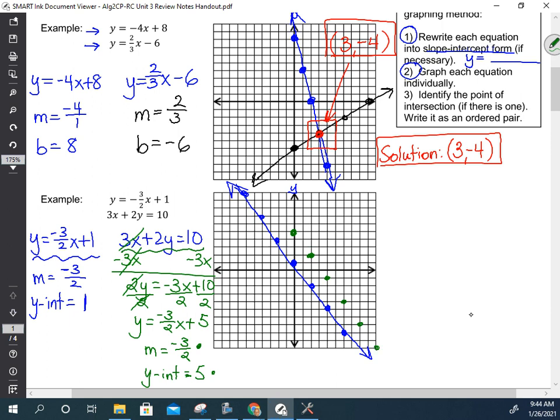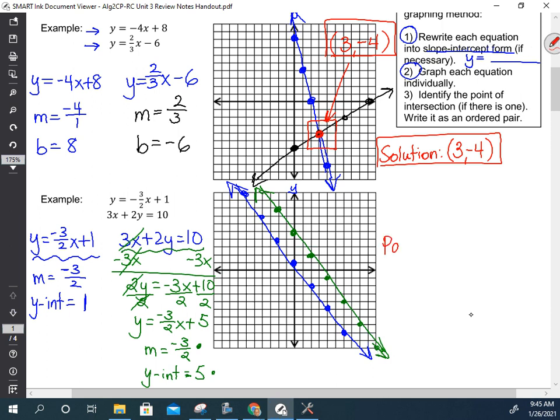And go the other way as well. I'm going to draw that line too. What do you notice about those two lines? Parallel, they don't touch each other.